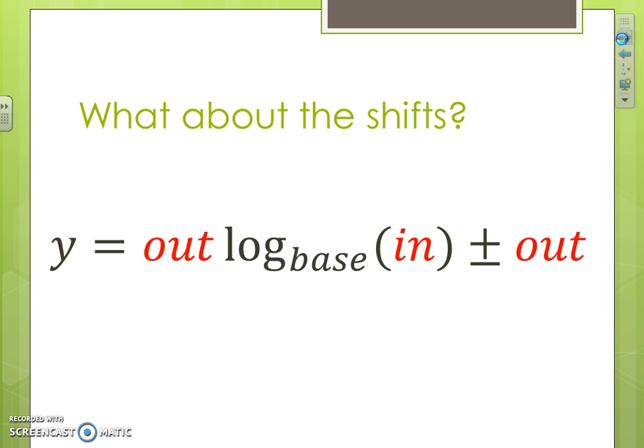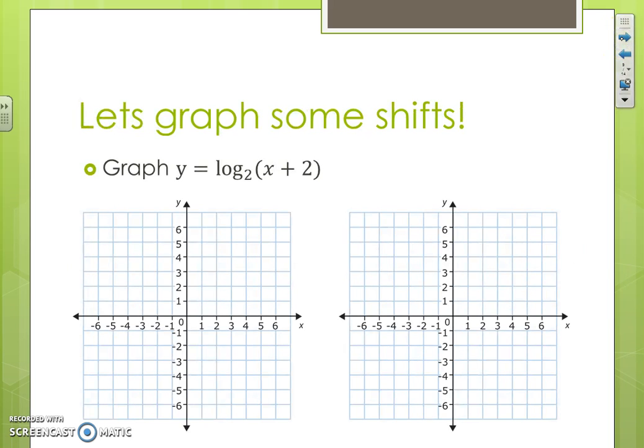If you have anything inside of parentheses, that's going to be a horizontal shift or flip. Okay, let's go through and practice some of these shifts here. I've got y equals log base 2 of (x plus 2). Notice the x plus 2 is on the inside of the parentheses, so that's going to be a horizontal shift. So I'm going to start graphing my parent function real quick.